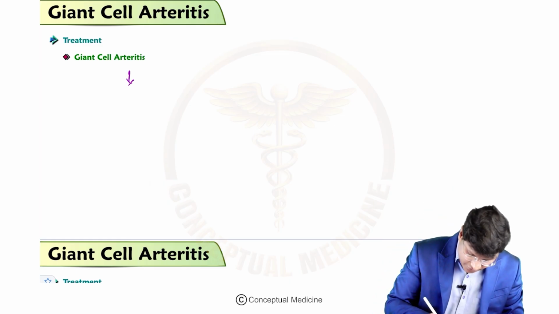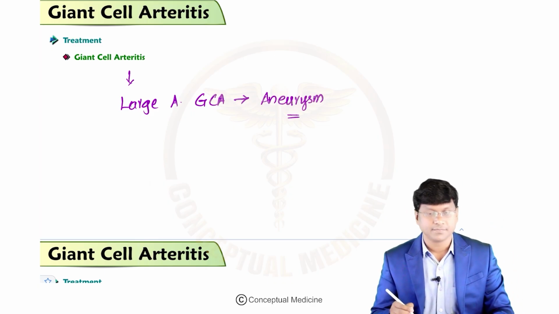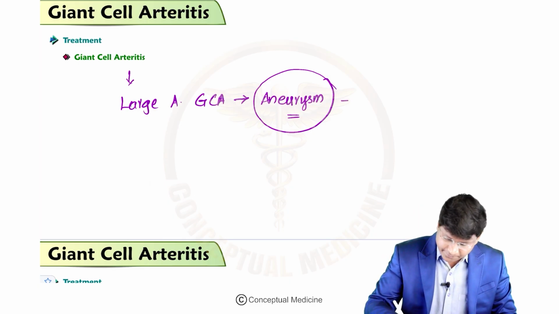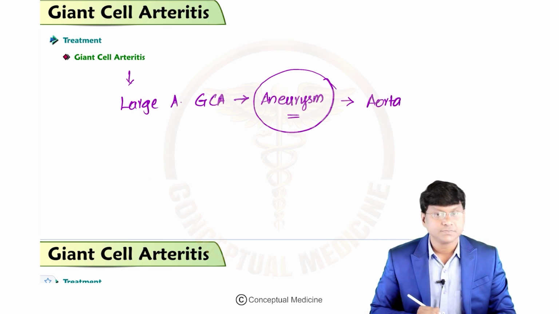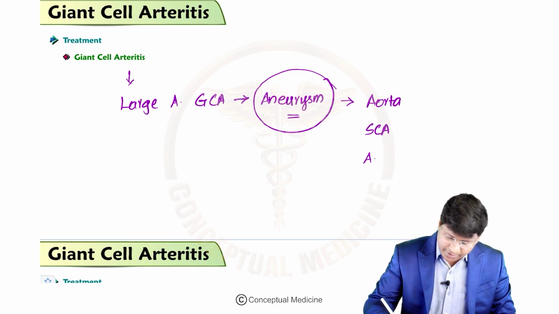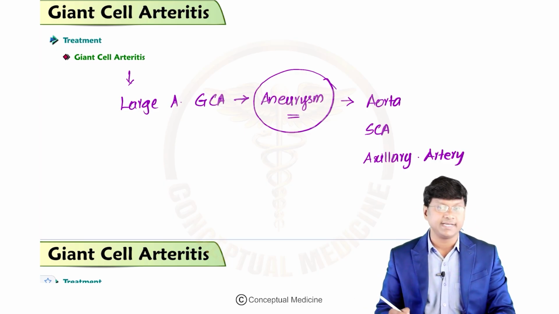In large artery giant cell arteritis, there can be development of aneurysms, and these are very common in the aorta, the subclavian artery, and the axillary artery.